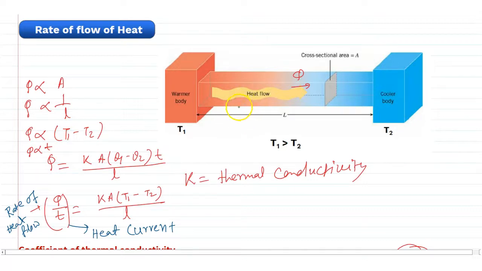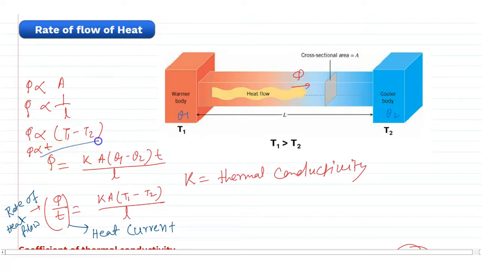In water flow also, if you increase the length of the pipe, the speed of the water will decrease. And Q is proportional to T1 minus T2, the temperature difference. You can take T1 or theta 1 and theta 2. And Q is proportional to time: with increasing time, the amount of heat flow will increase.